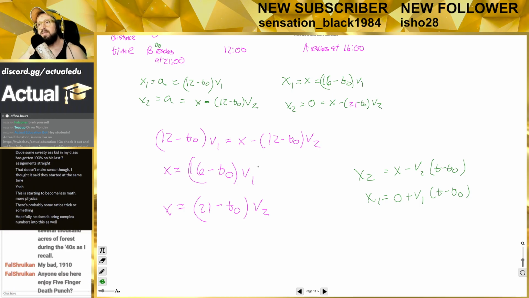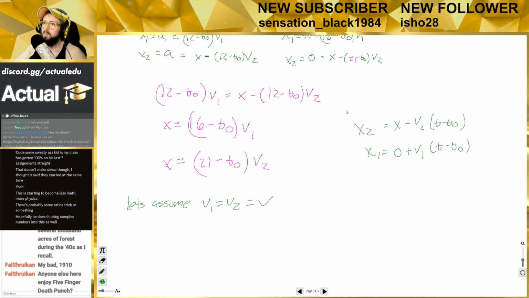If V1 were equal to V2, that would eliminate one of my variables, or actually 2 of my variables. So that would make this solvable. That's crazy. But I wonder if they're supposed to. Let's assume V1 equals V2. I just want to see if it becomes instantly more solvable.